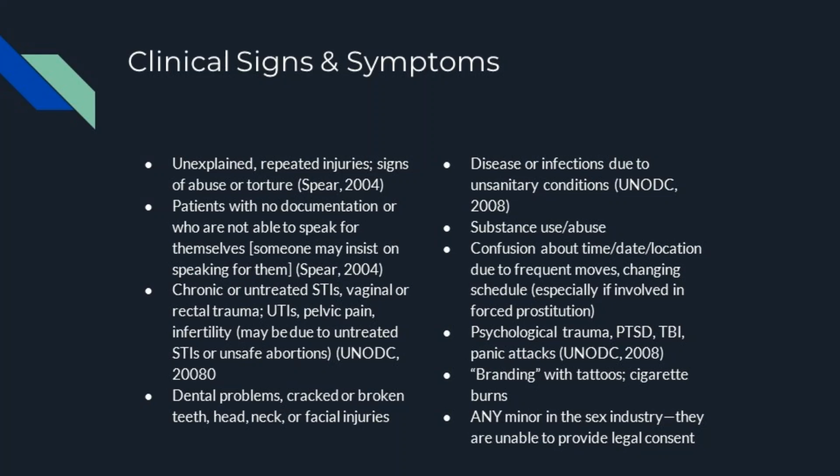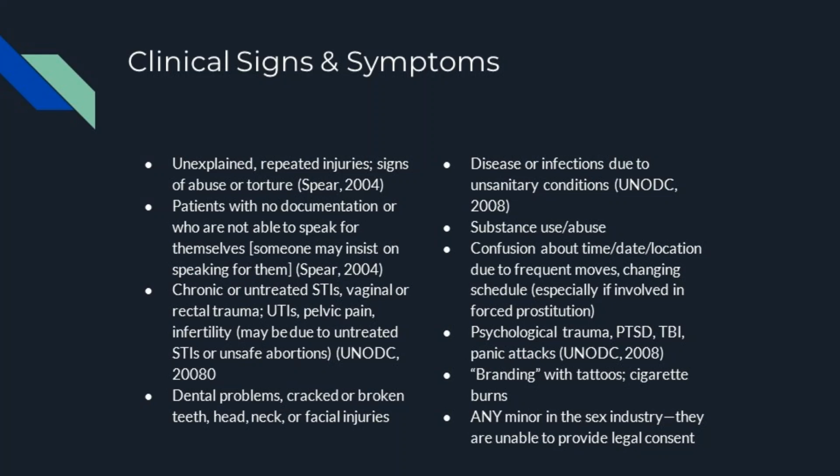That same study that I said 80% of youth had seen a medical professional in the year prior to that identification also states that 88% of those youth had an identified substance use issue. So, this is extremely common in traumatized patients.